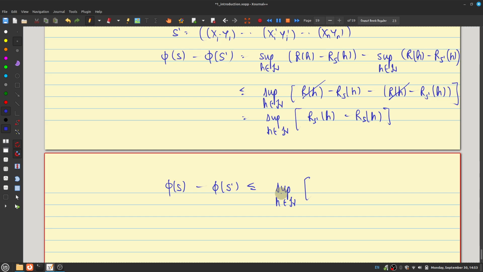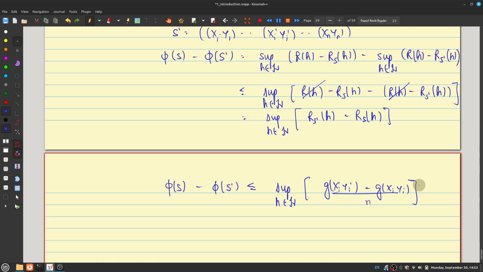This part only contains the ith point, right? So this is nothing but L of H of xi yi minus L of H of xi prime yi prime, the other way around. So it's going to be G of xi prime yi prime minus G of xi yi divided by n. So 1 by n also sitting there.